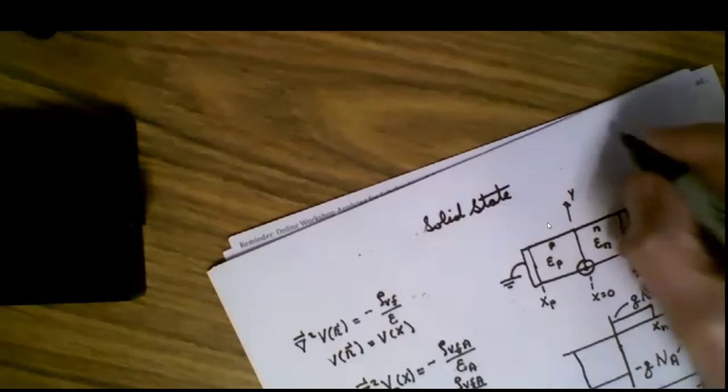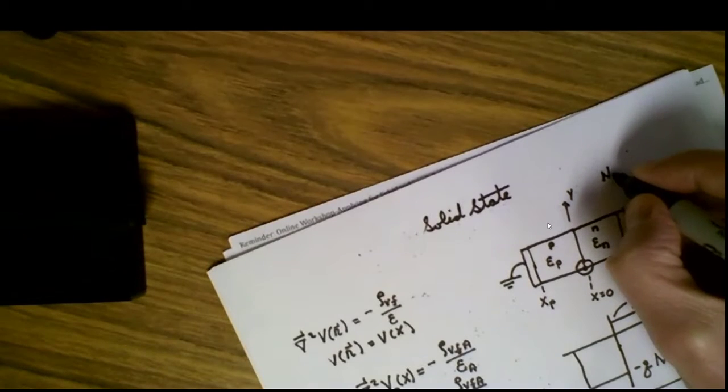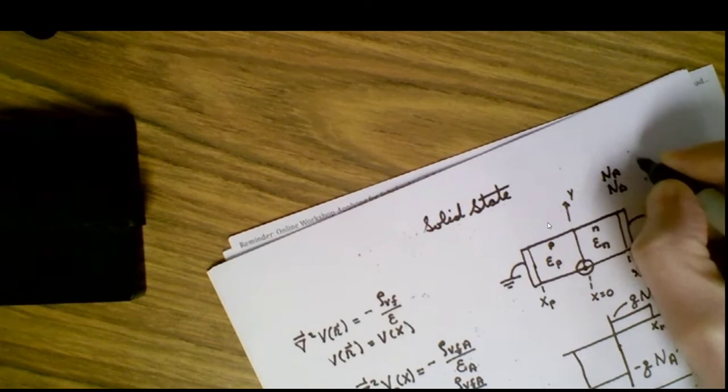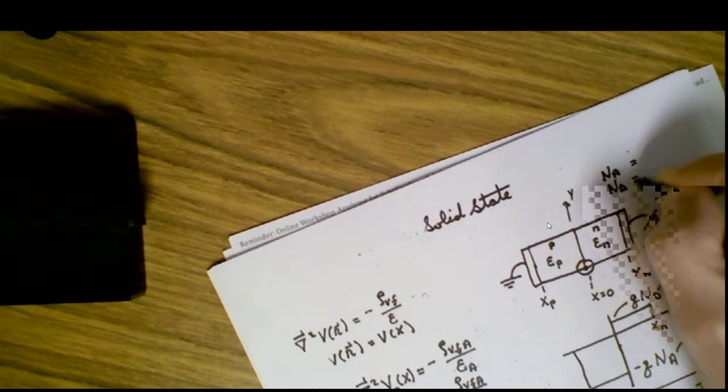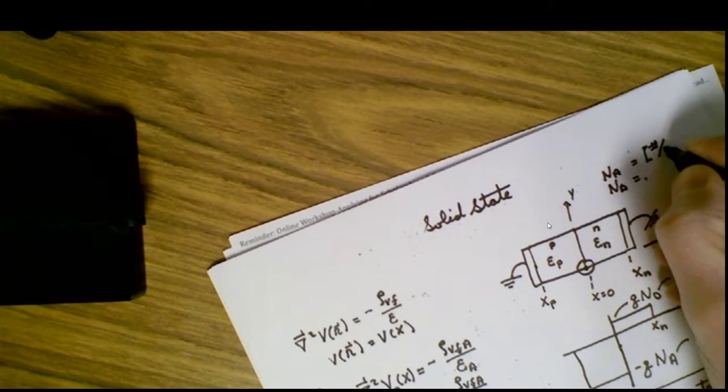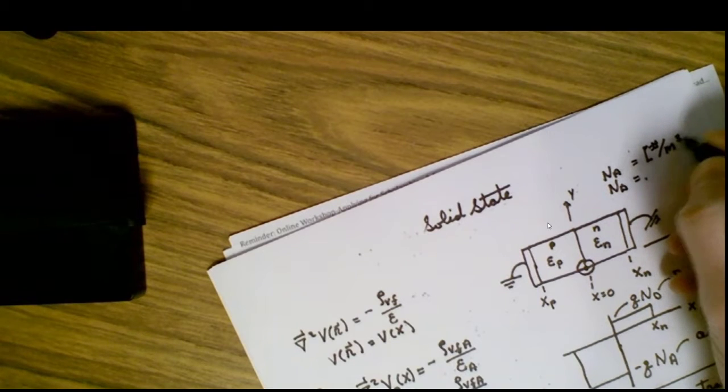In this case, N sub A and N sub D are number densities, and therefore they have units of number per meter cubed.